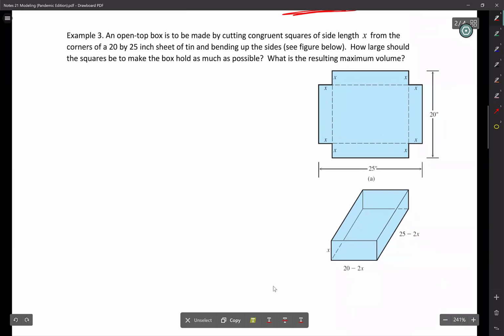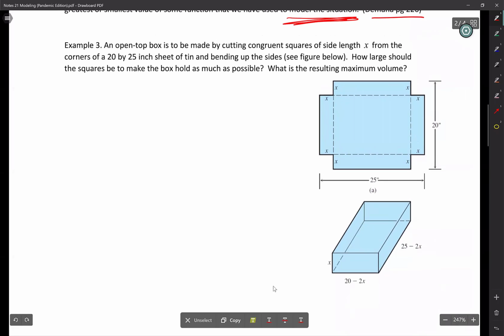Example 3. An open top box is to be made by cutting congruent squares of side length x from the corners of a 20 by 25 inch sheet of tin and bending up the sides. How large should the squares be to make the box hold as much as possible? What is the resulting maximum volume? So there it is, guys. Of course, there's waste. Whatever you're cutting out is the waste part, right? But there it is, 20 by 25.